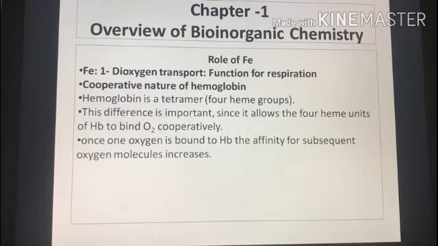Myoglobin is a monomer, whereas hemoglobin is a tetramer, that is 4 heme groups. This difference is important since it allows the 4 heme units of Hb to bind O2 cooperatively. Once one oxygen is bound to Hb, the affinity for subsequent oxygen molecules increases.